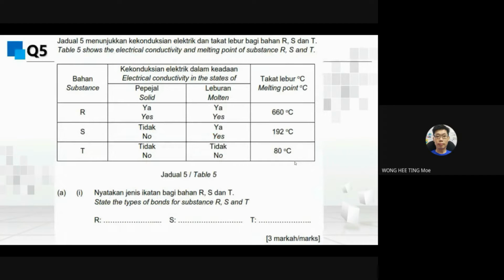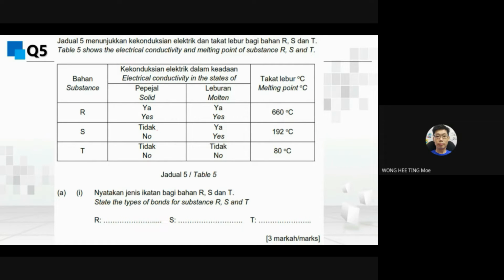Now question number 5. A table shows the electrical conductivity and the melting point of R, S, T. You see here, this is R. It can conduct electricity in solid and molten states, and the melting point is 660 degrees Celsius.